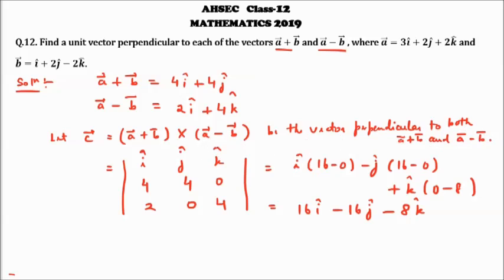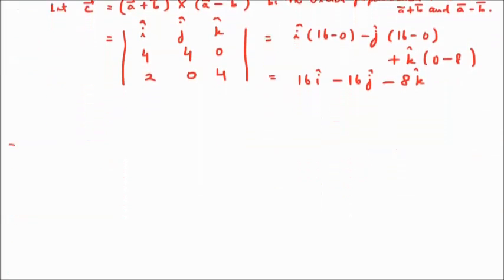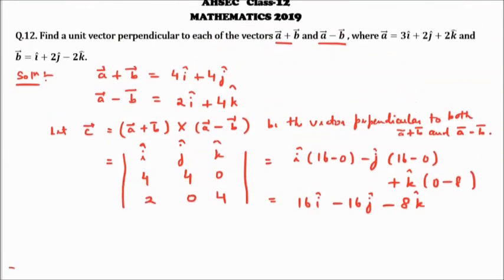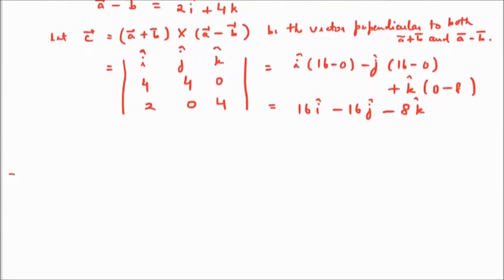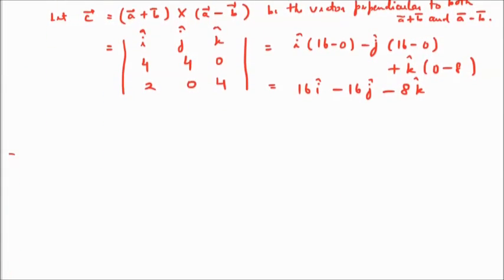This is the meaning of cross product. Therefore, my question is to find a unit vector perpendicular to these two vectors. So if I have named c vector as the vector perpendicular to these two, and if I can find a unit vector of this c, my work is done.